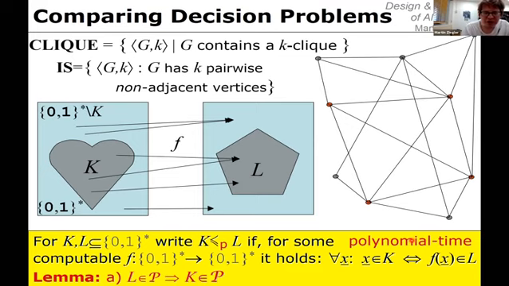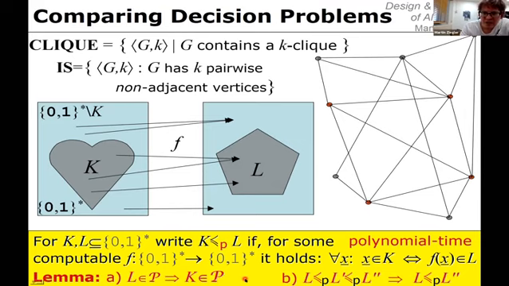So within polynomial time, we can output at most a polynomial number of bits. Therefore, whenever x belongs to K, f of x can be computed in polynomial time and then fed into the hypothetical algorithm that decides L. So that concludes the proof of item A.